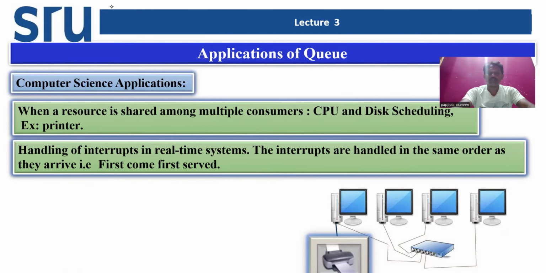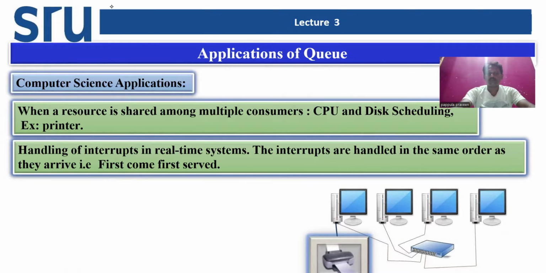This is about the queue. Queue is a linear data structure which contains two endpoints, front and rear, where the queue always follows first come first served, first in first out, or last in last out. The last element is removed last, the front element is removed first. So the first element is removed first. That's why it is called first in first out.